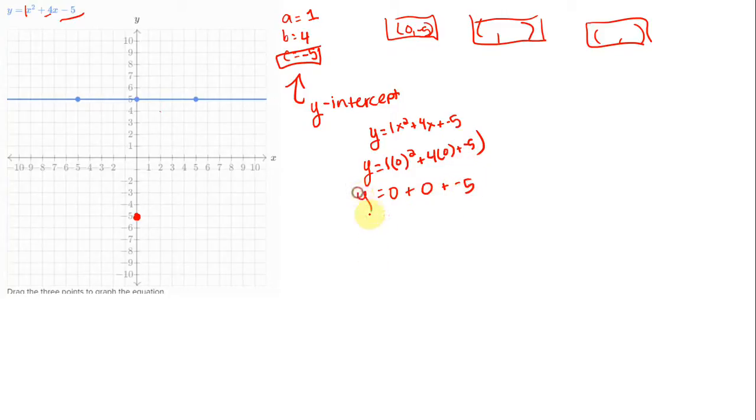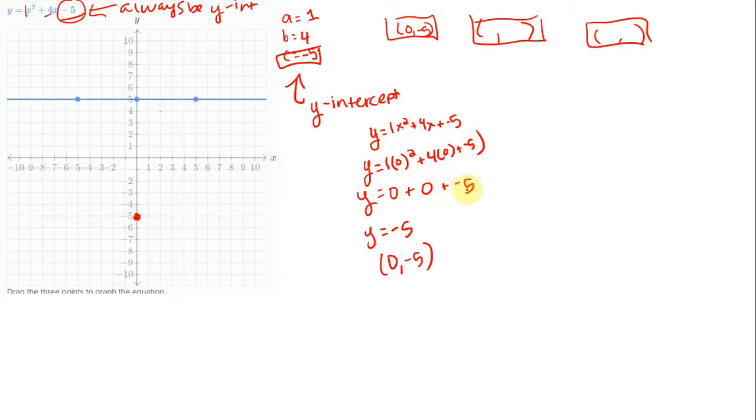And I'm going to be left with y equals negative 5. So my first point is going to be 0, comma, negative 5. C right here, my last term, will always be my y-intercept. So I can just put a point on negative 5.